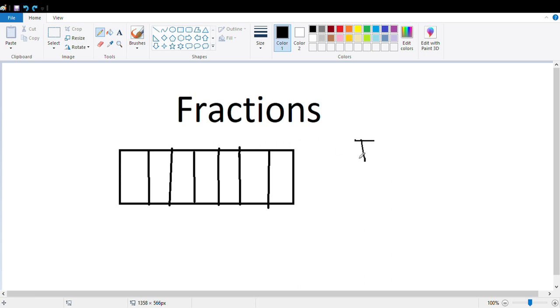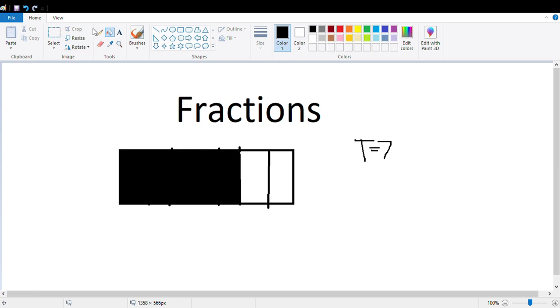Technical difficulties. So the total number of pieces is 7, right? Let us say that you have eaten 1, 2, 3, 4, 5 pieces out of the chocolate. So the remaining pieces are, you guessed it, 2. And the eaten pieces are 5.